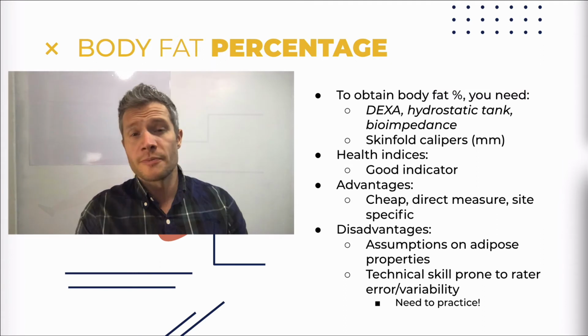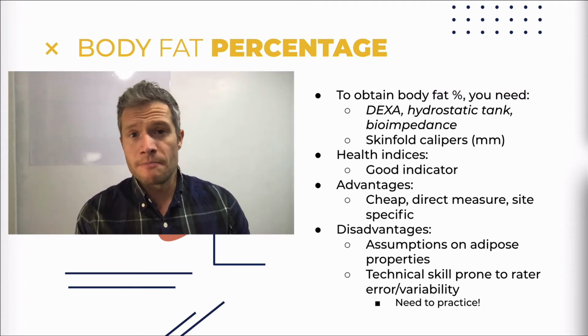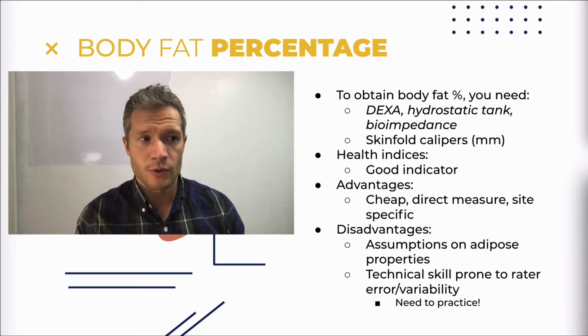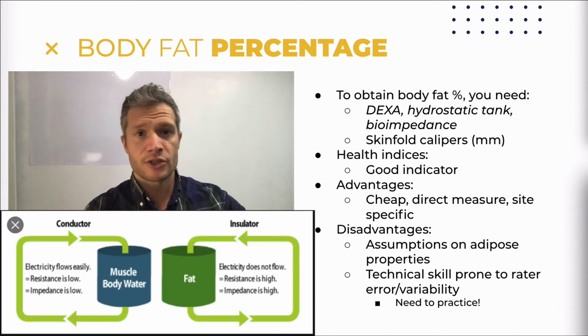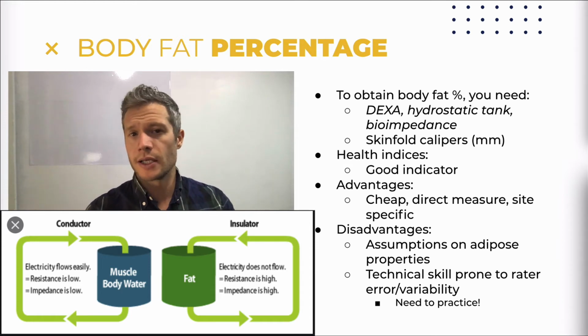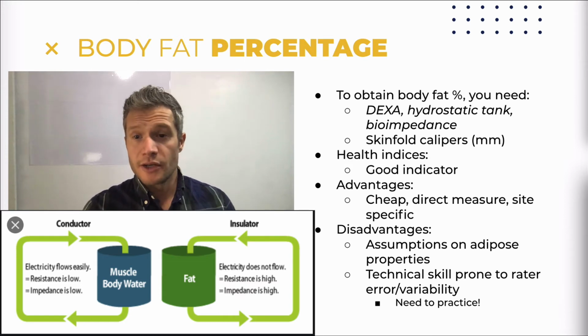The other ways that are a bit more common and a bit cheaper to do, one is bioimpedance. So if you have a scale at home that measures body fat, or typically a lot of gyms will have them, essentially that runs an electrical current through you, and then based off of muscle and fat conductivity, it infers how much of your body is fat versus muscle and bone, etc. The issue with that is your hydration level.